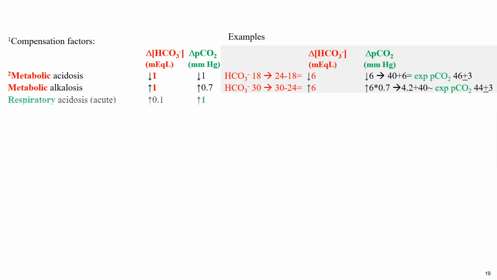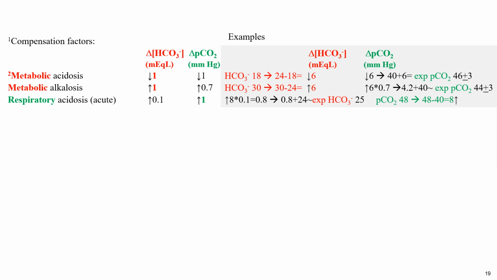For acute respiratory acidosis, for every 1 increase in PCO2, serum bicarbonate increases by 0.1. Example, a patient with acute respiratory acidosis with an increased PCO2 of 48. This means the PCO2 increased by 8 from the normal 40. Since for every 1 increase in PCO2, bicarbonate increases by 0.1, we multiply 8 by 0.1.